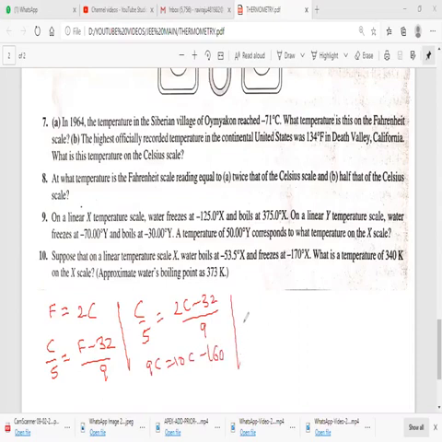So C will be 160. And if you want to calculate F value, that will be 320 degree Fahrenheit. In this case, it will be 160 degrees Celsius. So that is the answer for the first question of 8. And next.